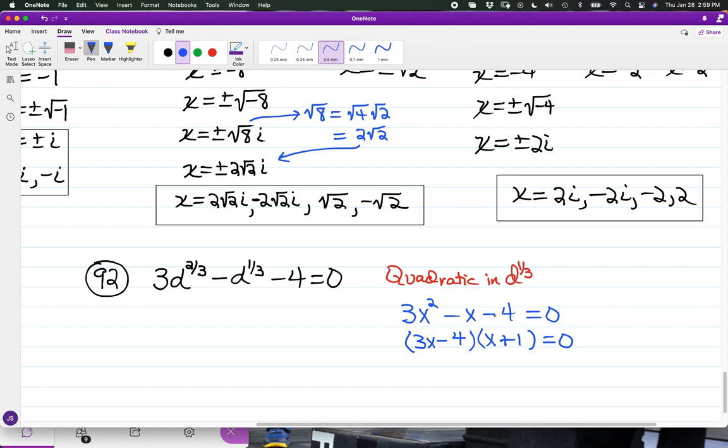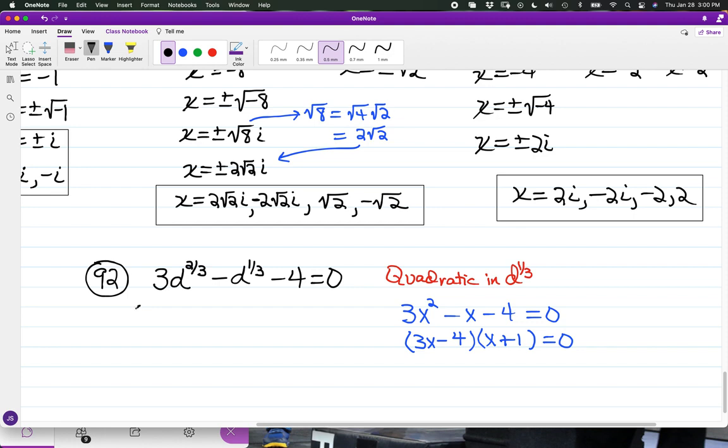Now, instead of x or x squared, I have d to the 1/3 and 3d to the 2/3. And if I apply the same coefficient treatments over here, instead of x's, I'm going to have d to the 1/3's.